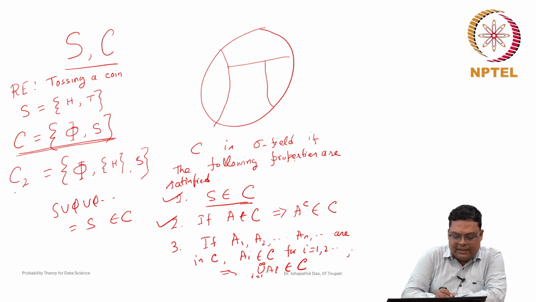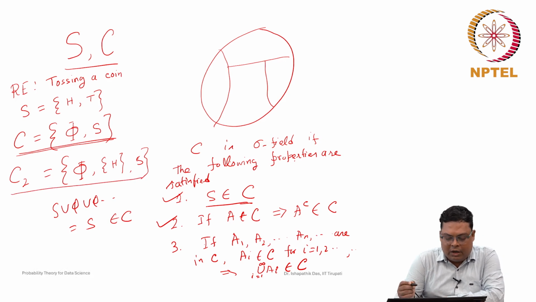Now, if you consider this collection C2, you can see that S belongs to C, so the first condition is satisfied. Now, we have to check the second condition. It says that if an element A belongs to C, then A complement must also belong to C. For S, the complement is phi, it belongs to C, no problem.